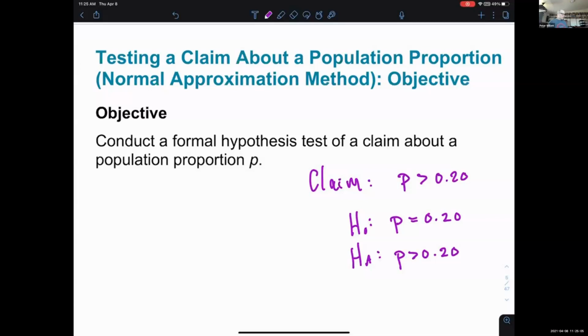So with these formal null and alternative hypotheses in place, we would then take a sample of the population, and based on a particular test statistic for our sample, we would look at the p-value of that test statistic, which is the probability that we would get that kind of a result if the null hypothesis was assumed to be true. In this case, that the proportion really was 20% and that our claim is wrong.